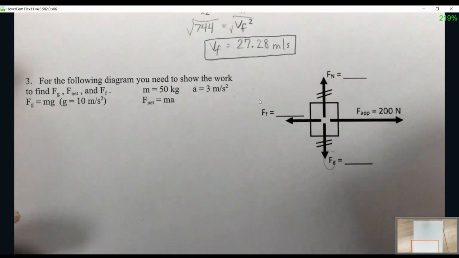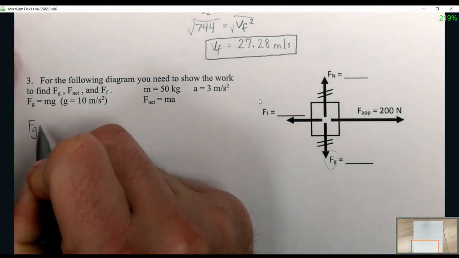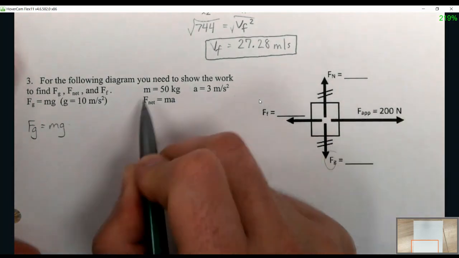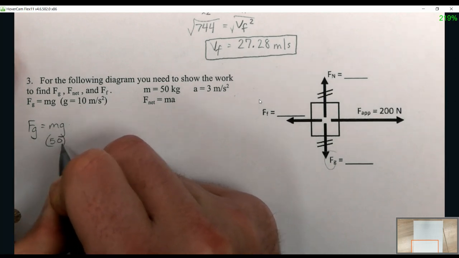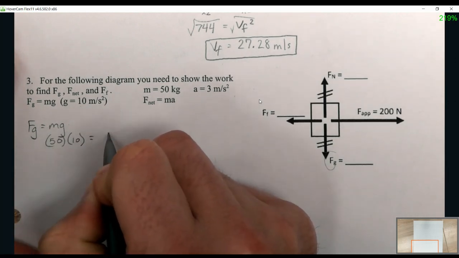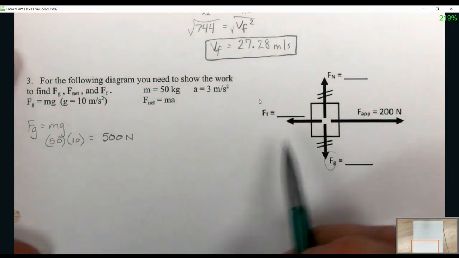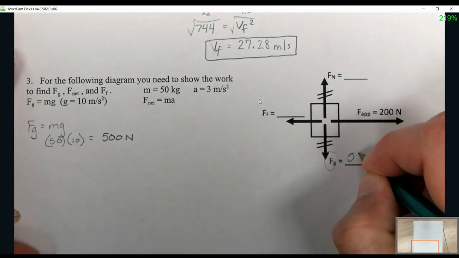So what we're going to do is first find Fg. You can take the mass times gravity. Mass of the object is given here as 50. So we're doing 50 times gravity of 10, and we're going to get 500. What is the unit for force? That you should remember, and if you didn't, it's right there, newtons. So we're going to put that here.